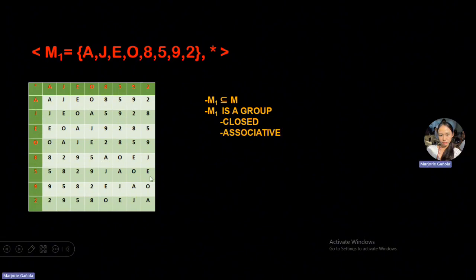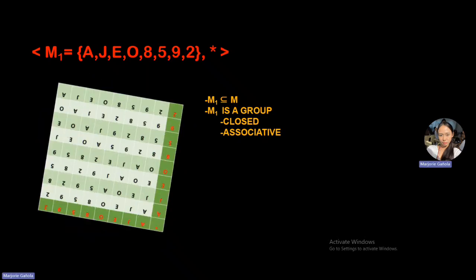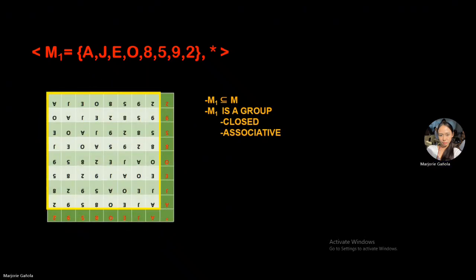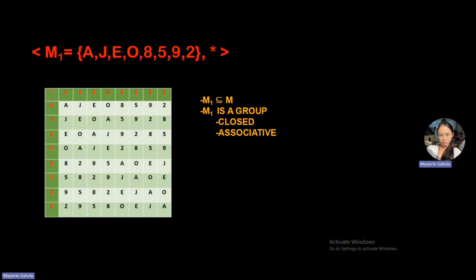There is no overlap. Next, to see if it is associative, we have to flip it 180 degrees, and then if we interchange rows and columns, the elements inside will be back to the original figure of the table. Therefore, it is associative.